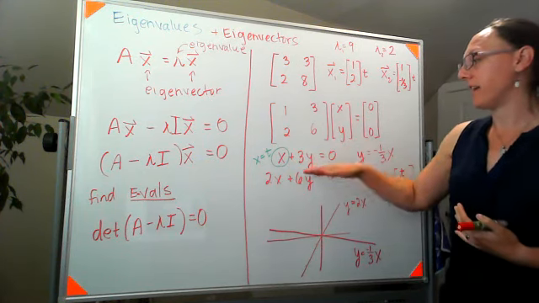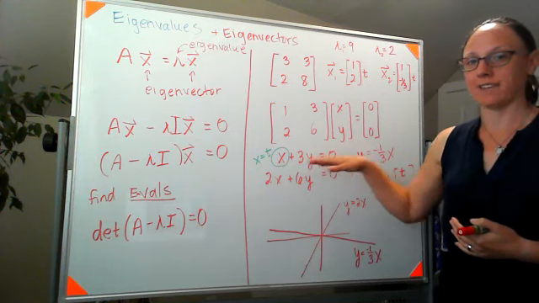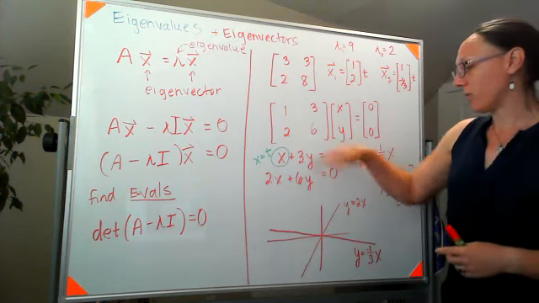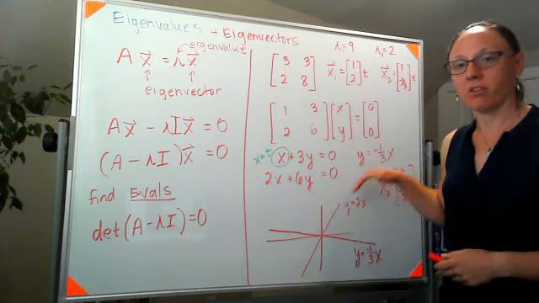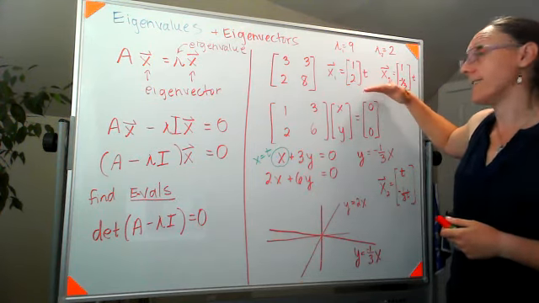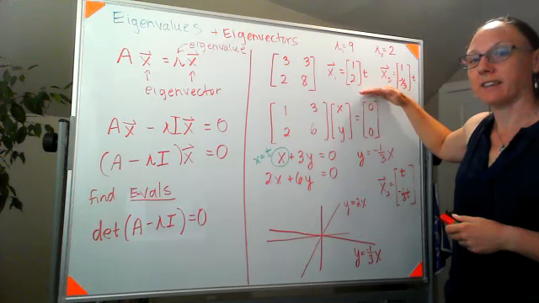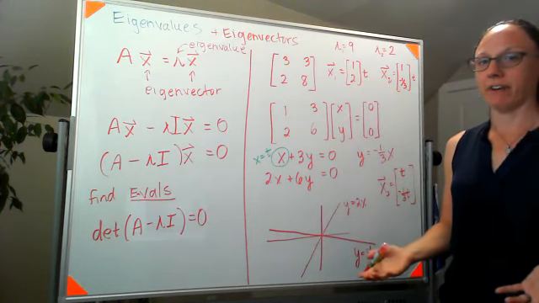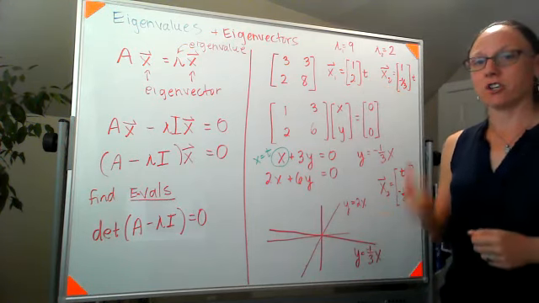Really what we're finding is a relationship between x and y for the eigenvector. So once you get that relationship, then any point along that line is an eigenvector. And notation-wise, Dedel prefers for us to write it like this with a t so that we're expressing all possible eigenvectors. Now there's a catch.